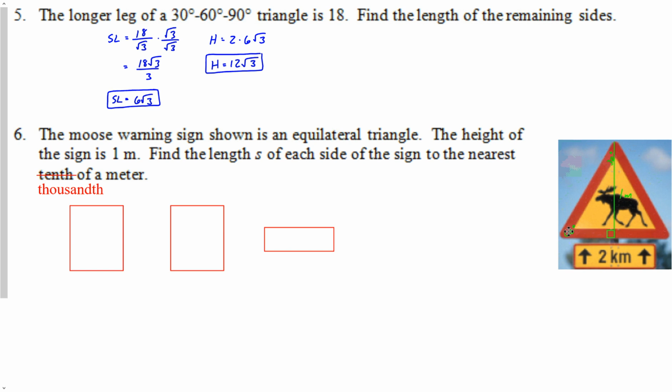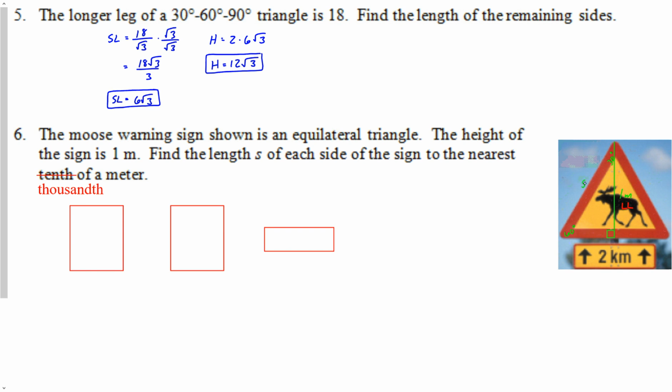We know it's 60 down in the bottom left corner. And we have the right angle because this is a height or an altitude. And what we're told to find is the length of each side, which it's calling S in this problem. So there is the variable we're trying to figure out. What we have to think about, though, is that within this 30, 60, 90 triangle, this altitude that we were given as 1 meter is our long leg, because it's opposite from the 60-degree angle.